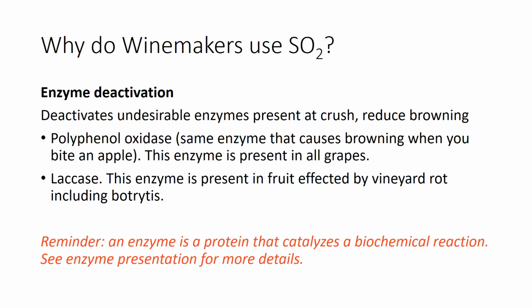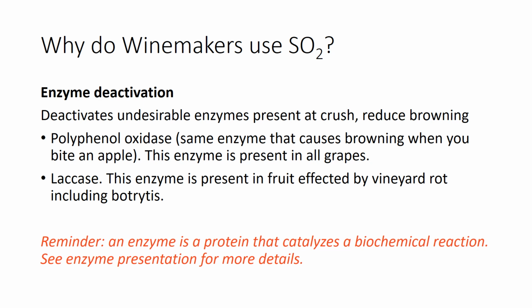Another major culprit is laccase, and this is an enzyme that's only present in fruit that's been affected by vineyard rot, including botrytis. And one of the reasons that laccase is so difficult is that it's active throughout the life of the wine. Polyphenol oxidase, which is always present, gets denatured by ethanol really quickly.